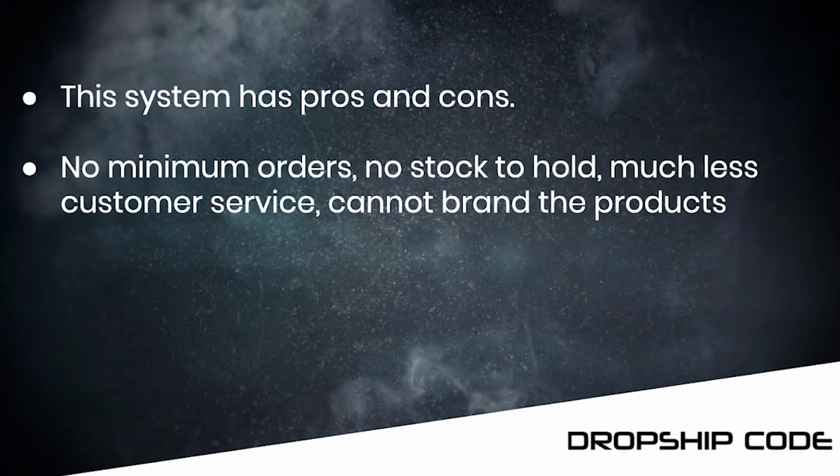You've also got to take care of the customers and offer customer service. And also you've got to put up the money up front to be able to hold the stock, and you've got to find somewhere to hold it as well, which is great if that's the sort of business model you've got in mind. But for getting started in an easy way, this method in the dropship code is absolutely perfect for being able to sell high quality, high ticket products at a high price with a high margin and as little effort from you as possible.